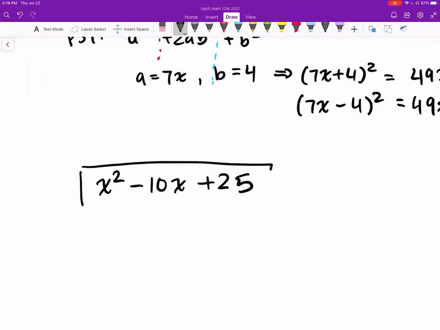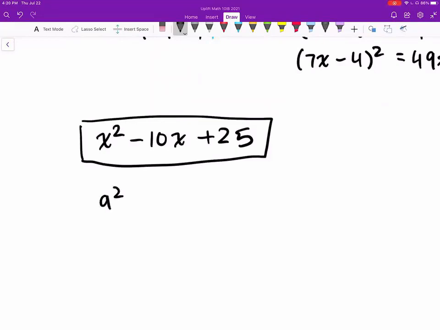So determine if this is a perfect square trinomial or not. x minus 5 squared. Yes, good job. It is a perfect square trinomial.